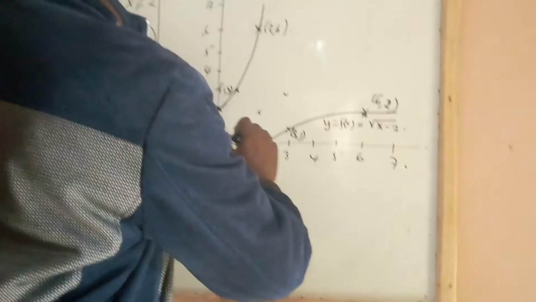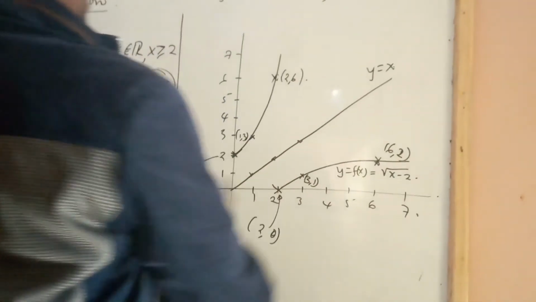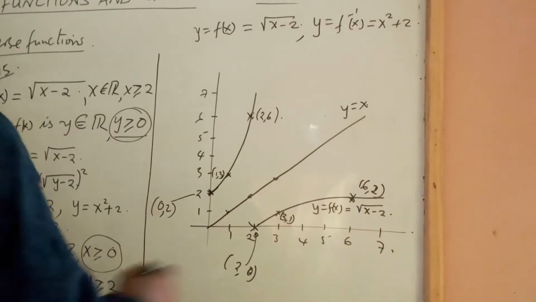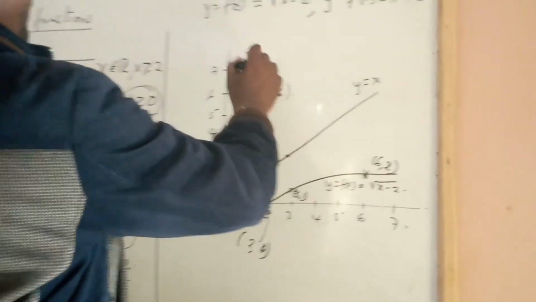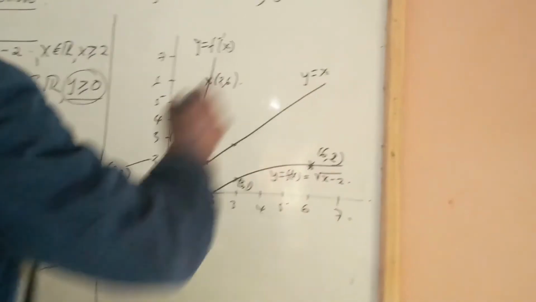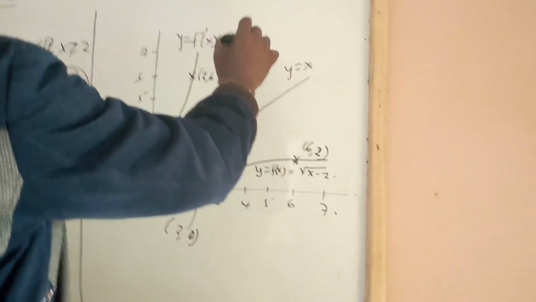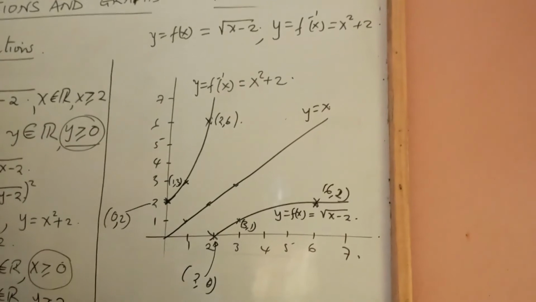Because if you draw that line and call it y equals x, you'll find that they are reflections of each other. So this being the graph of y equals f prime (x), the inverse, which is given by x squared plus 2, it is a reflection of the original.